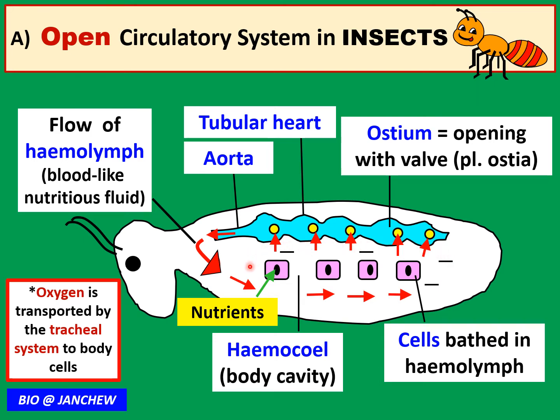So the flow of the hemolymph is slow, and the transport of substances like nutrients to the cells will be slower. And that's why oxygen needs to be transported by another system, the tracheal system, to the body cells. So the hemolymph does not transport the oxygen to the cells.